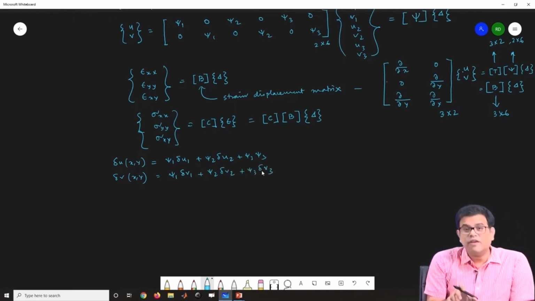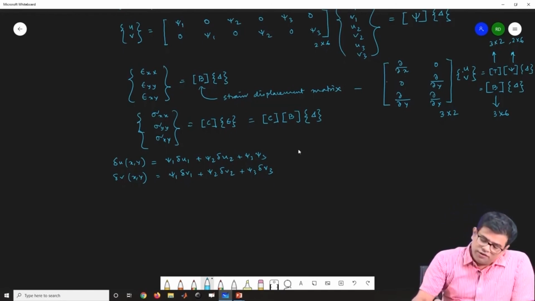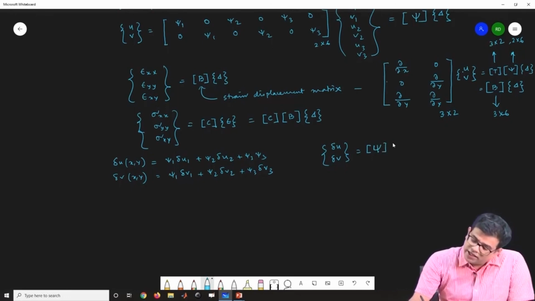So essentially the variations, being functions, can also be discretized. Then delta u and delta v I can represent in terms of a matrix, which is again the psi matrix multiplied by the variation delta.